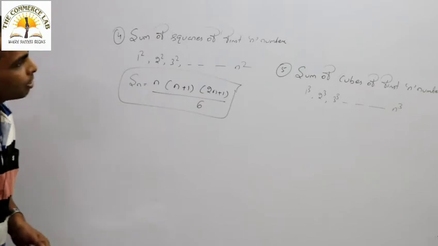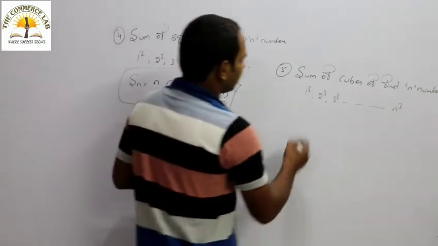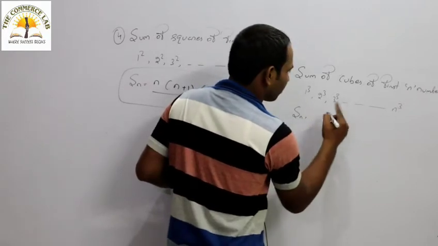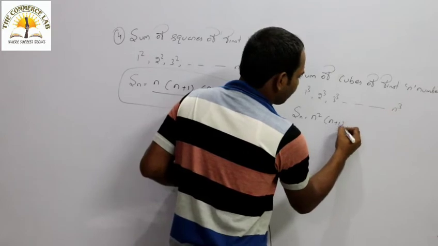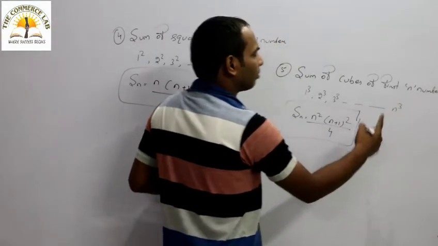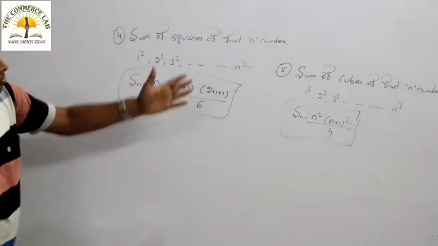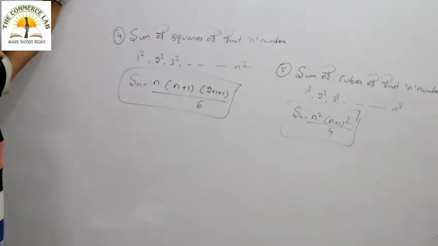So sum of cubes of first n numbers. So what will be the Sn? Sn is n square into n plus 1 square by 4. So this is your sum of cubes of first n numbers, 1 cube, 2 cube, 3 cube up to n cube, and Sn is n square into n plus 1 square by 4.